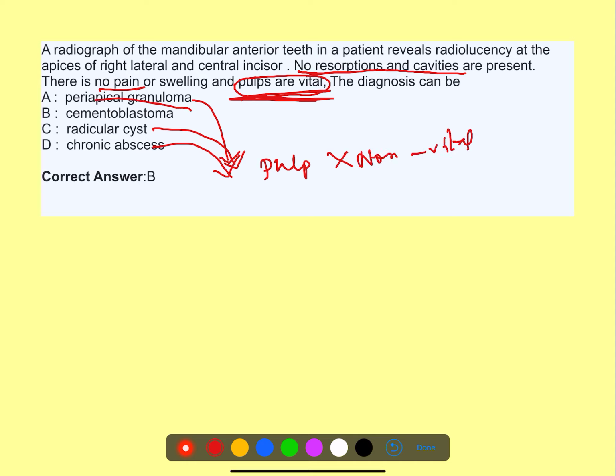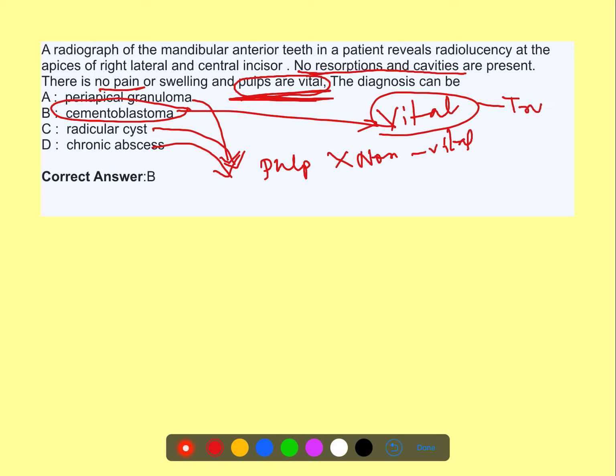Whereas the remaining option, the only one where the pulps are vital, is cementoblastoma, which is also called a true cementoma. So with the pulps being vital, you can select the option as true cementoma or cementoblastoma.